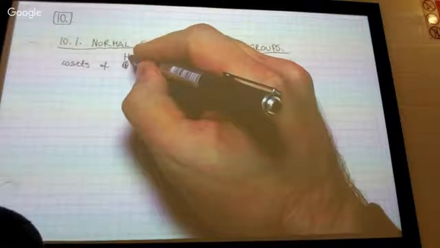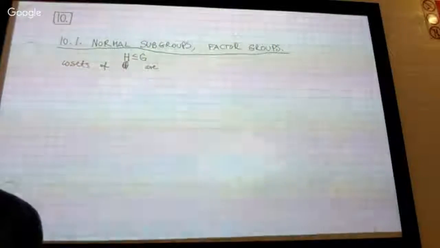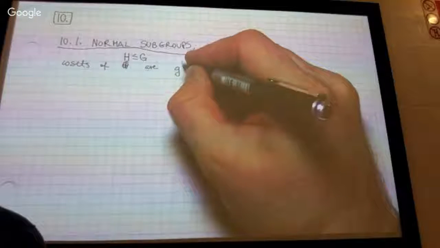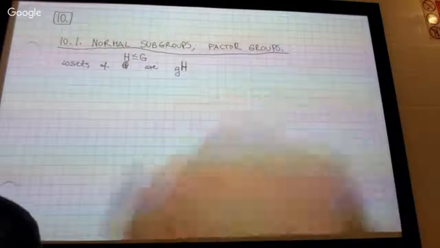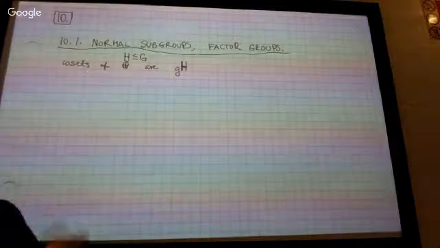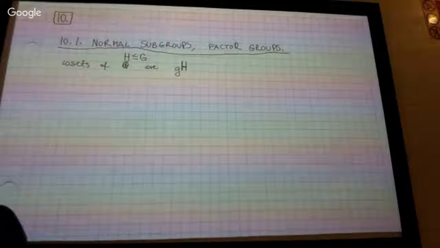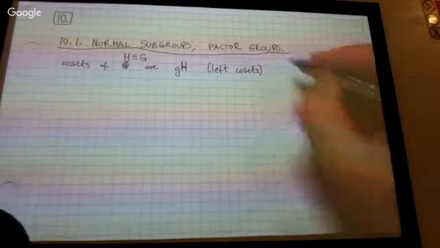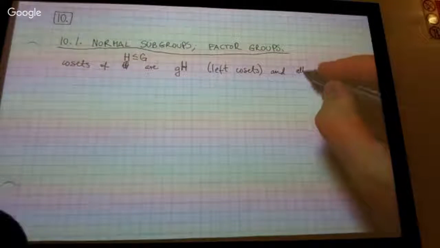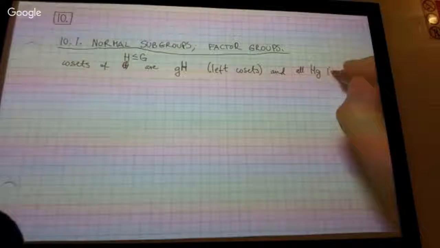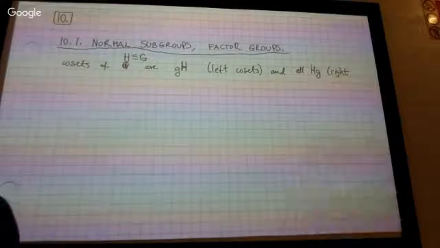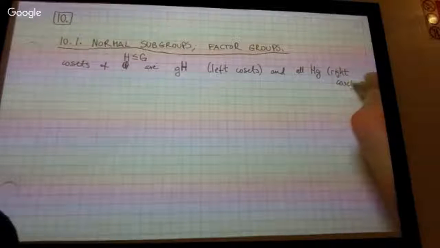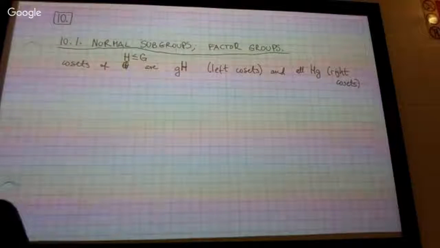Of course, you need a subgroup in a group G. You fix a g, and you multiply everything in the subgroup by g, and you get a coset. So these are called left cosets, and all Hg for the different values of the little g are called right cosets. As a reminder.